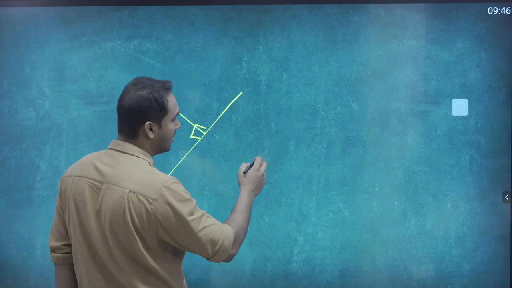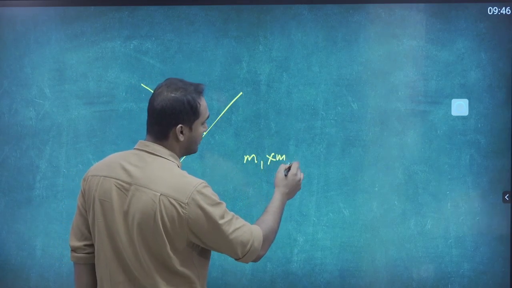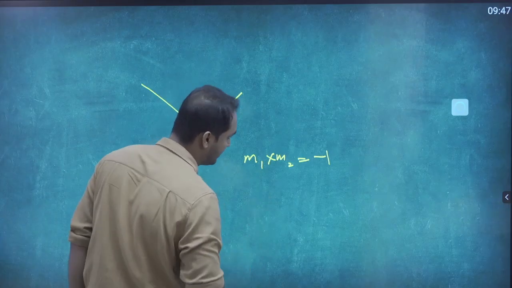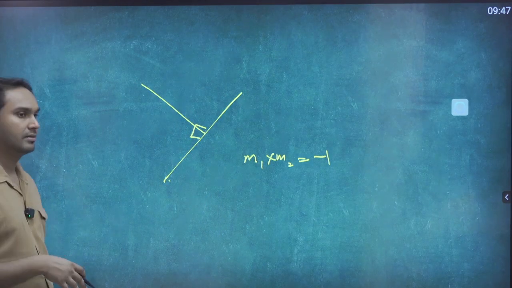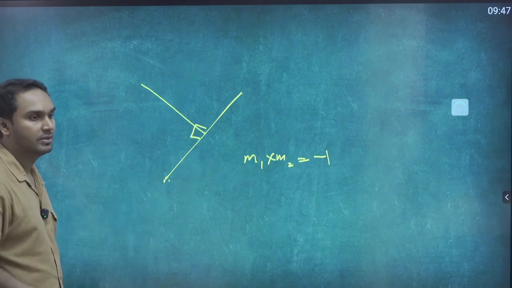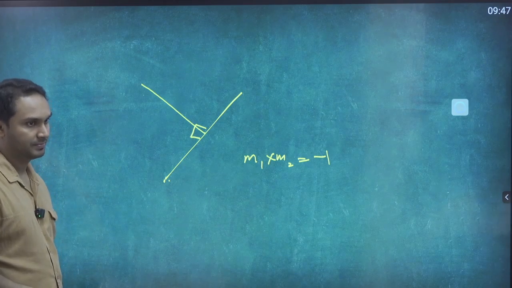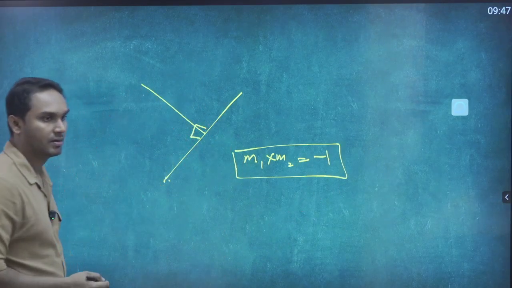Or else this equation can be used: M1 into M2 equals minus 1. This says the same, right? Or the M of one equation should be equal to the minus reciprocal of the other.